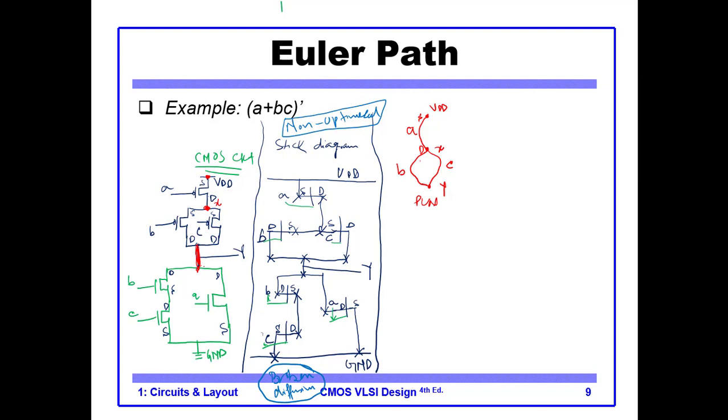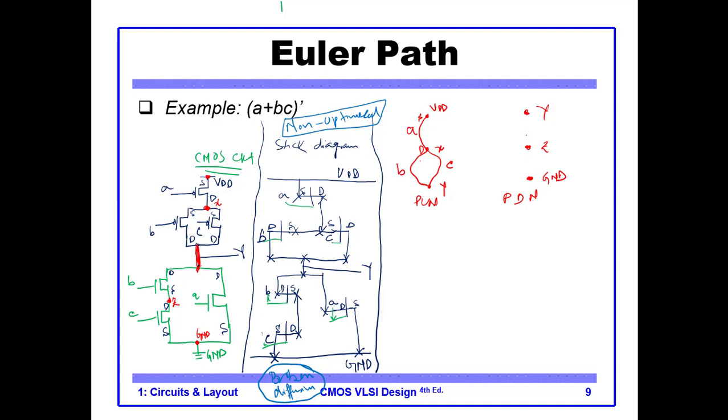So this is our node Y, and this is our node, for example, Z, and this is our node ground. So we have this Y node, then we have the Z node, and then we have the ground node.